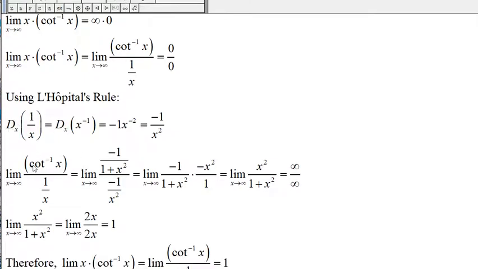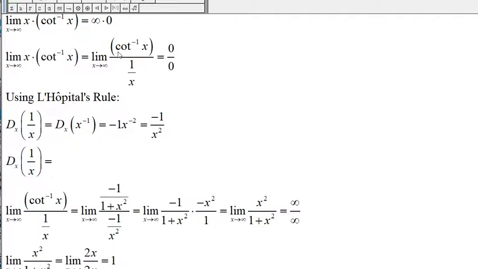The derivative of cotangent inverse of x is negative 1 over 1 plus x squared.